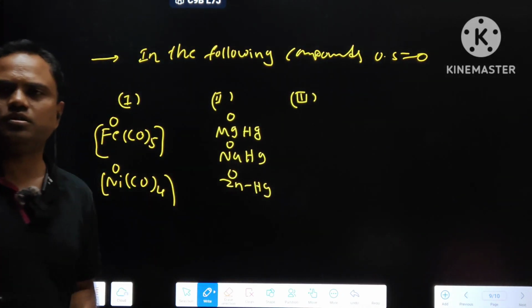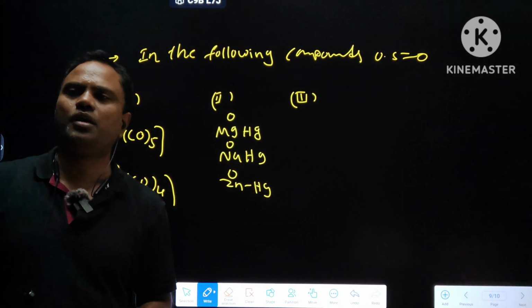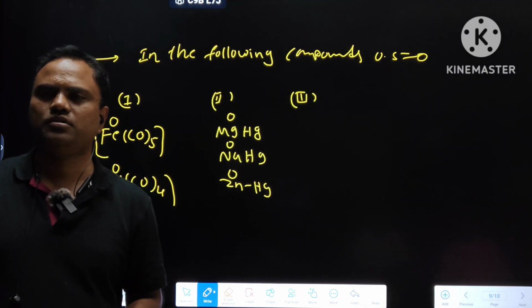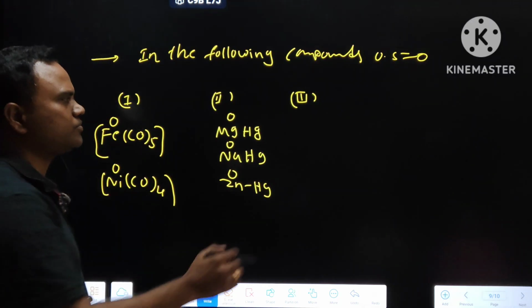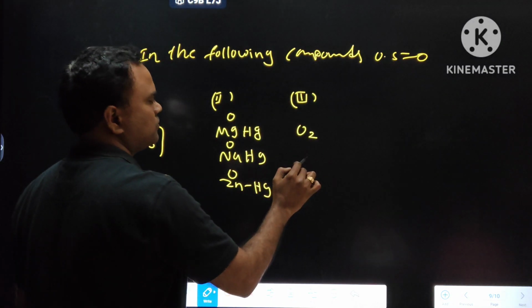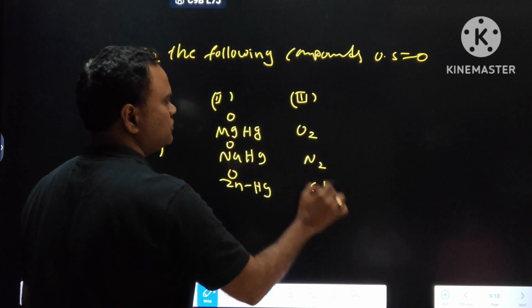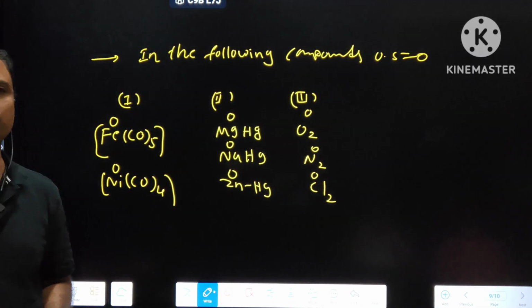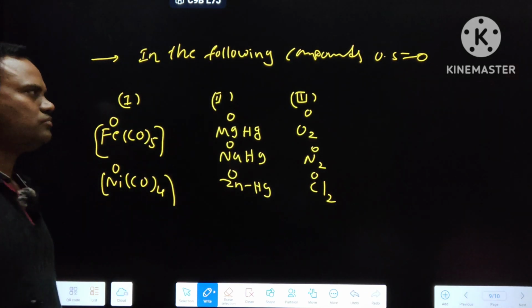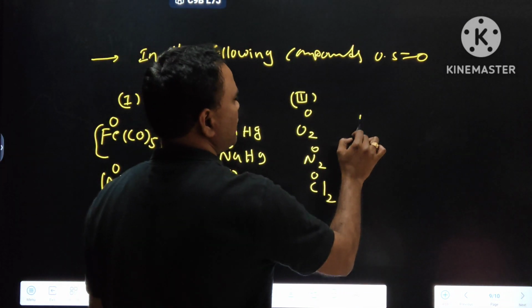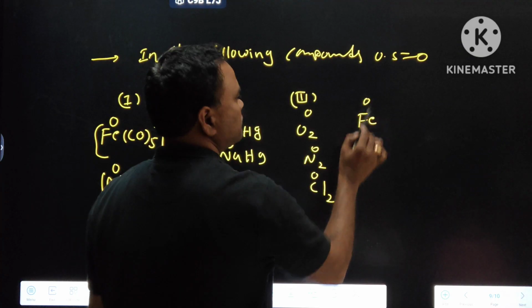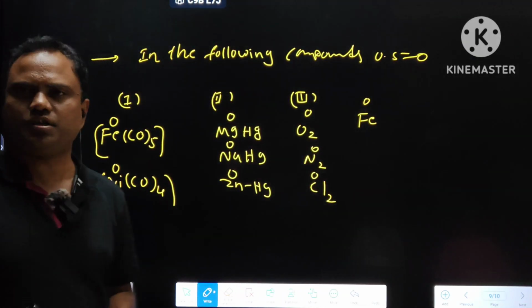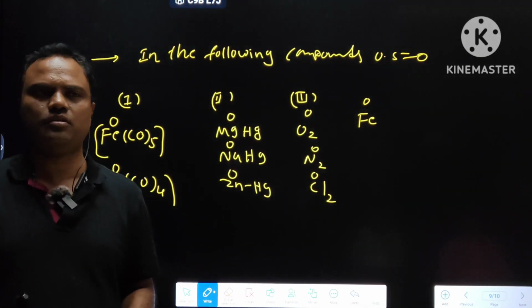And third, the molecules in which the same kind of atoms are present: O2, N2, Cl2. Here 0, 0, 0. Homoatomic molecules have oxidation state 0. In elements, for example iron element, 0. Iron is in the free state, not in combination with any other element.